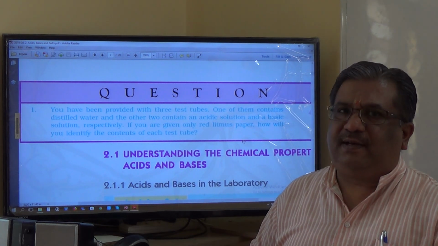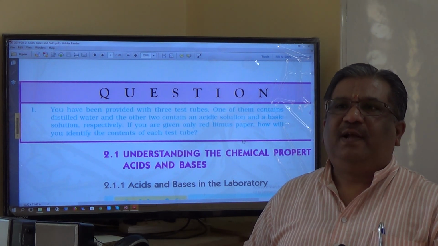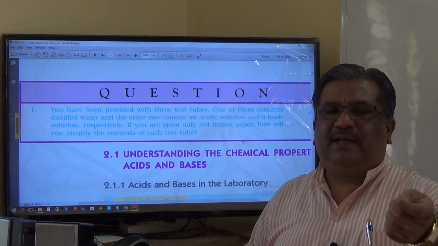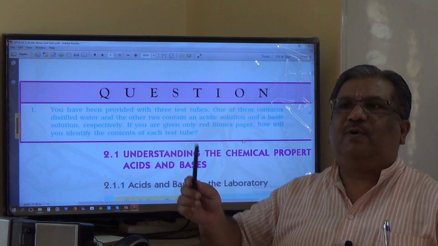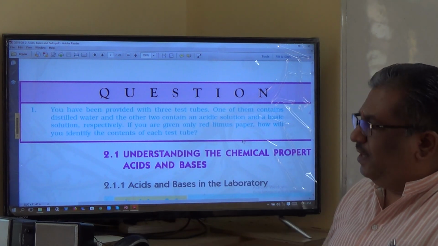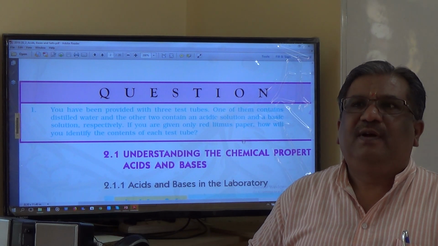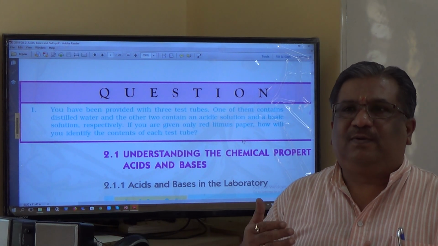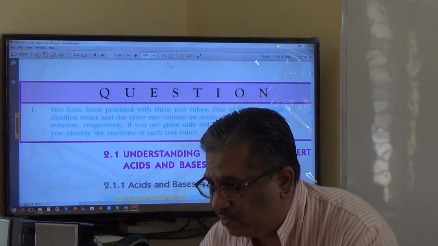If it turns from blue to red, then that test tube contains acid. Take the same reddish litmus paper and put it into one more test tube. If there is no change, then it is water. So this is how you can identify all 3 contents with a single litmus paper, whether it is acid, base or water. Okay, let's go to the next one now.